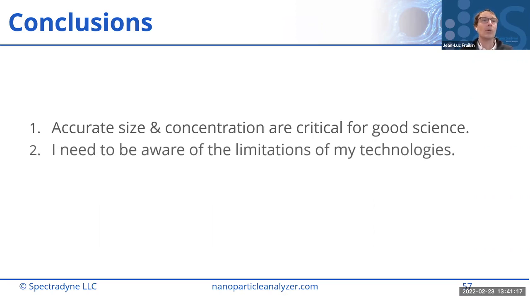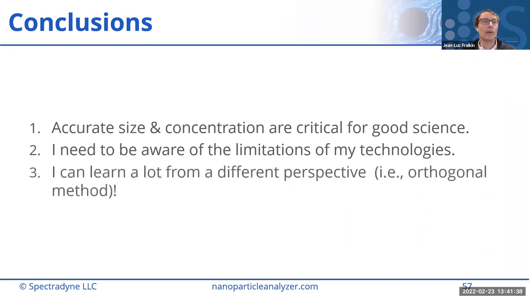Second, I hope I've gotten you to think about the limitations of your technologies, right? It's important to know that you're operating your technology within its well-defined, good bounds of operation, and asking information from it that it can deliver the answer to. Finally, I hope you conclude that you can learn a lot from a different perspective, in particular using an orthogonal particle measurement technique.